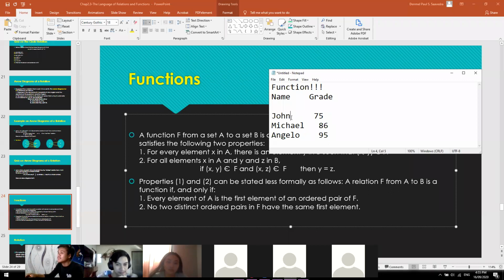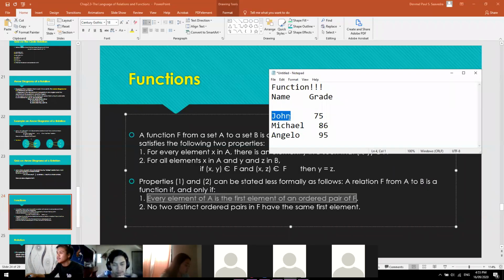So we could say that John is a function with this pair, John having a grade of 75. Pero hindi natin pwedeng sabihin, John has a grade of 75 and at the same time, John has a grade of 86. So dapat iisa lang yung grade ni John. Hindi pwedeng grade niya is 75 and then may grade pa siyang isa which is 86.